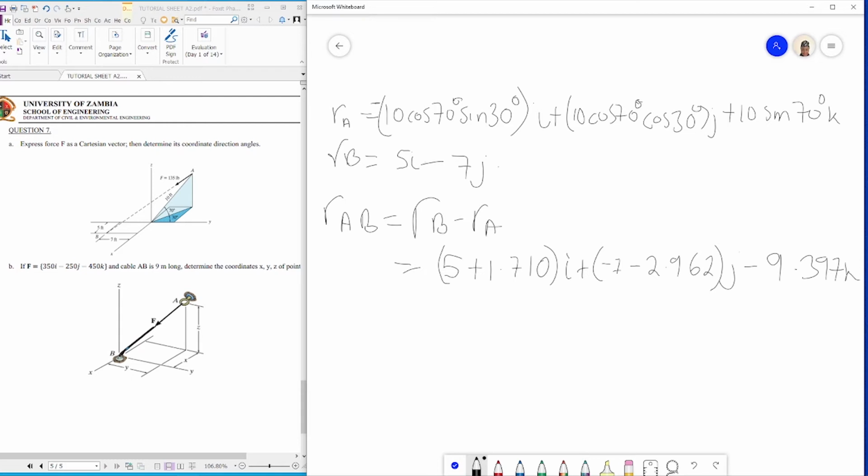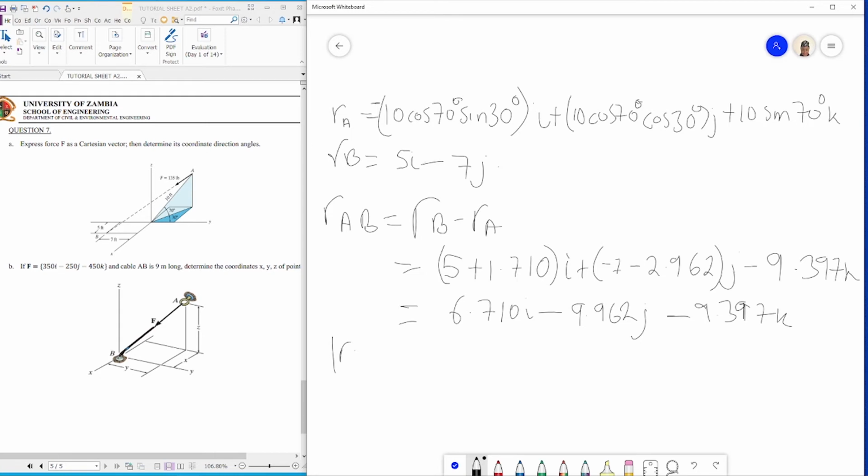So this is our position vector. When we write it in compact form, we are saying 6.710i minus 9.962j minus 9.397k.